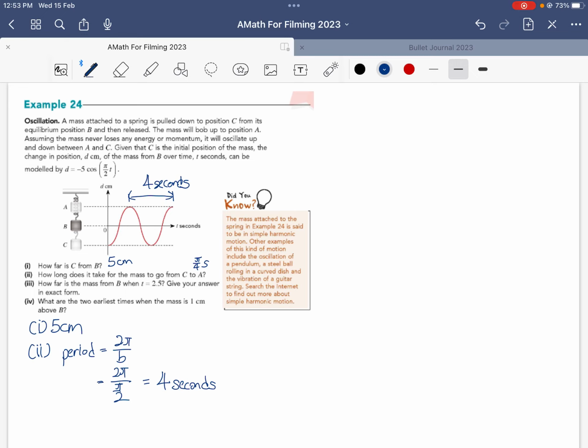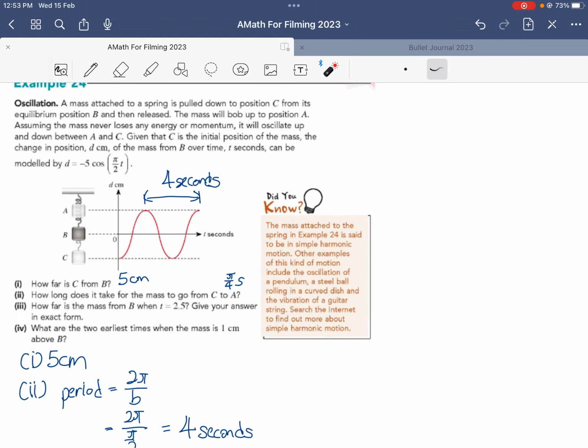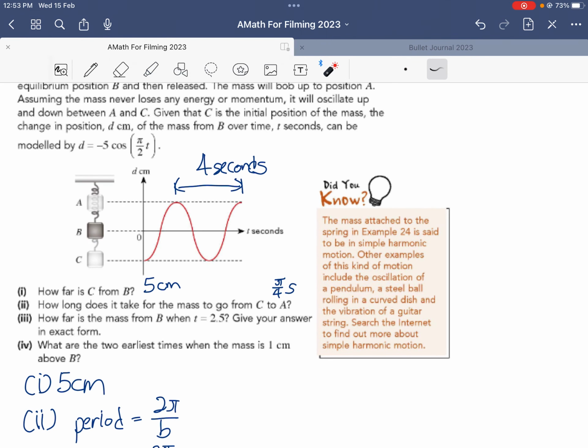So if we know that the period is 4 seconds, and it says here that you want to go from C to A, see, if I know the period is 4 seconds, that means from A to C, then C to A again is 4 seconds. But the question now wants, how long does it take to go from C to A?